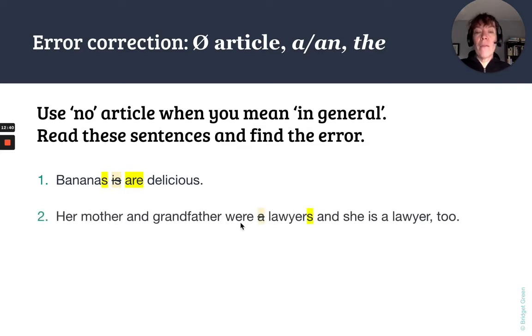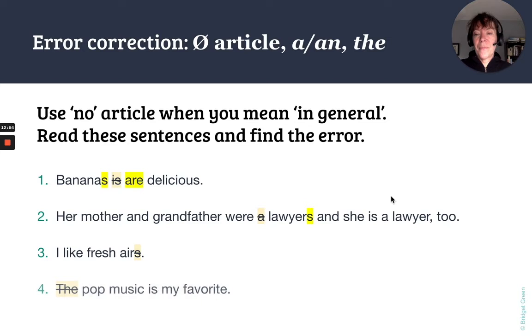Her mother and grandfather were lawyers, plural, and she is a lawyer too. I like fresh airs, no S. Air is uncountable. Pop music is my favorite. Remember, music is an uncountable noun. So this uncountable noun, when we mean in general, should have no article.